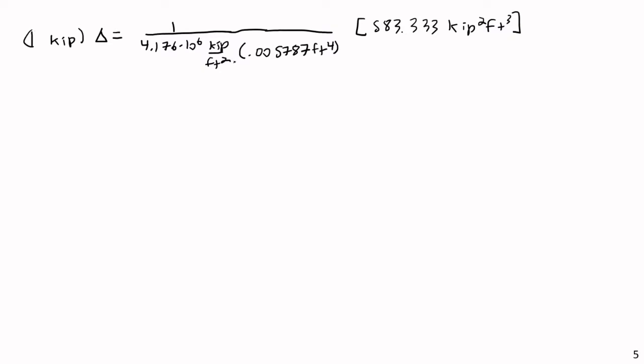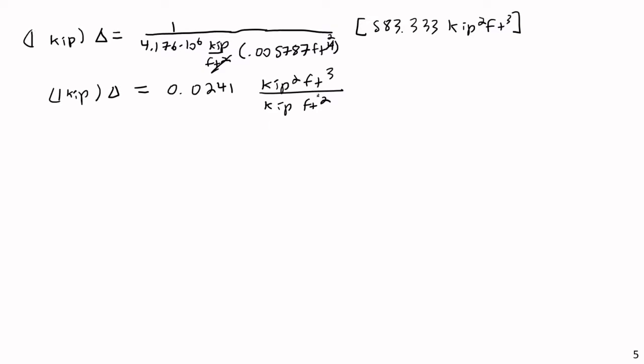So now I'm going to start canceling out some units. First of all, I'm going to cancel out this foot squared, and this 4th is going to become a square. So if I take 583.333 and divide by 4.176 times 10 to the 6th and this, I will get a number that is 0.0241. And I do want to work through the units. Initially I had kip squared foot to the 3rd in the numerator, and then kip foot squared, and I have 1 kip times delta.